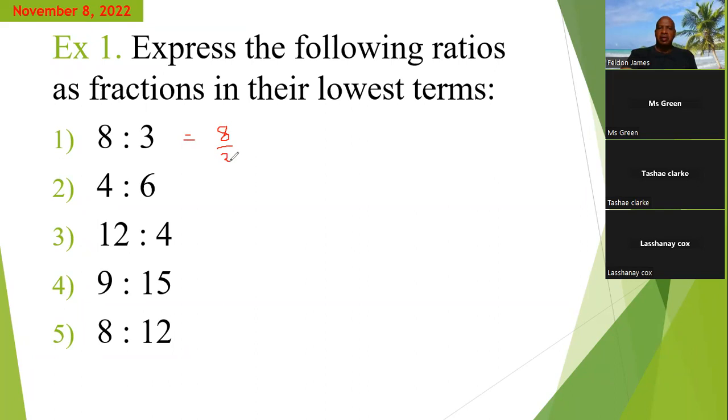Now, to be able to simplify this in its lowest terms, we see whether or not there's any number to cancel with the numerator and the denominator. Can we cancel with 8 and 3? Is there any number that can go into 8 and 3 without a remainder? No, sir.